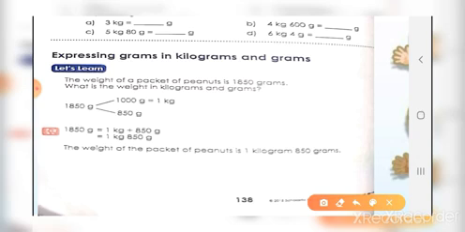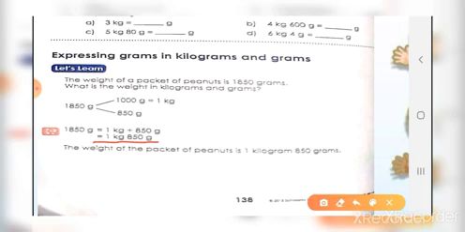So here we have 1850 grams. If converted to kilograms and grams, that would be 1 kilogram plus 850 grams. So if we convert 1850 grams into kilograms and grams, that would be 1 kilogram 850 grams.